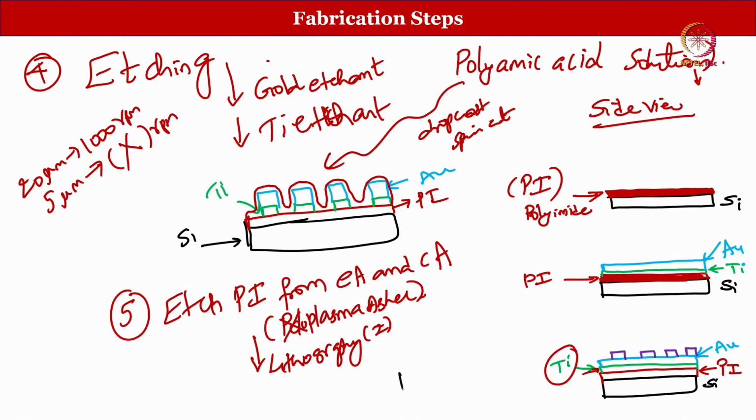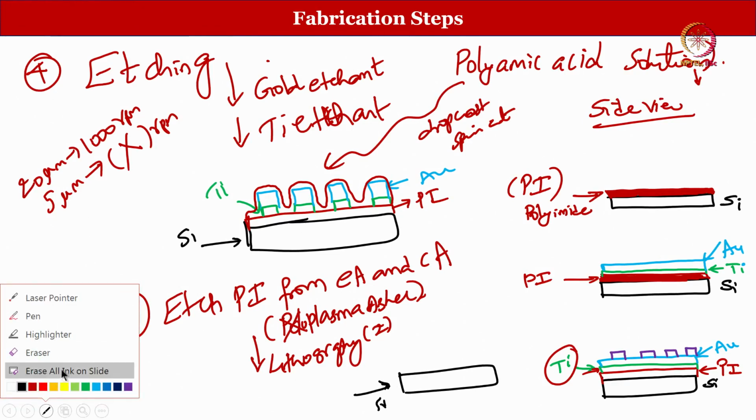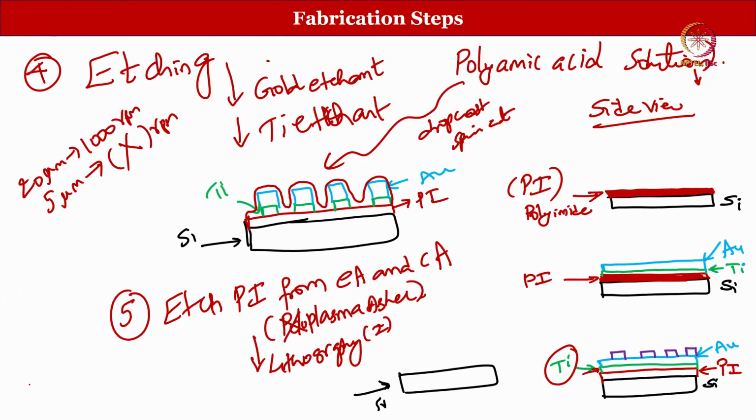So, what happens is you have silicon, this is silicon and this is polyamide, then titanium, right.